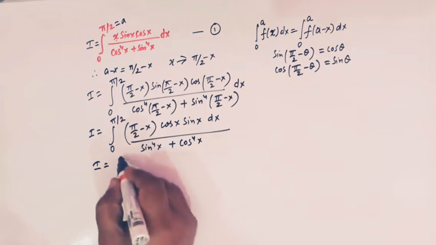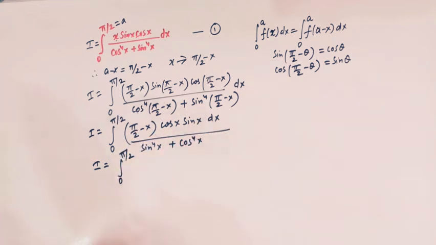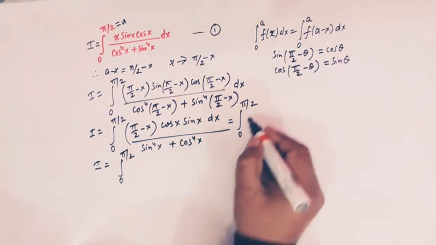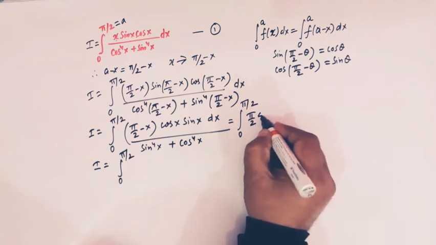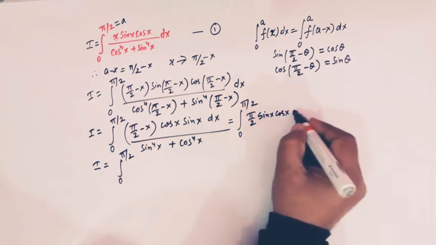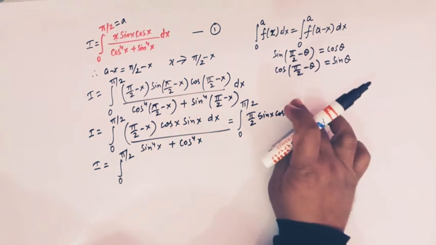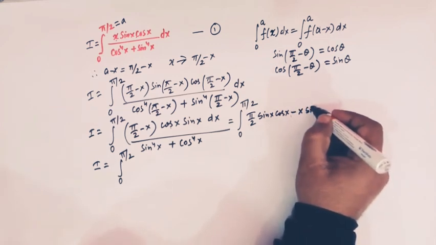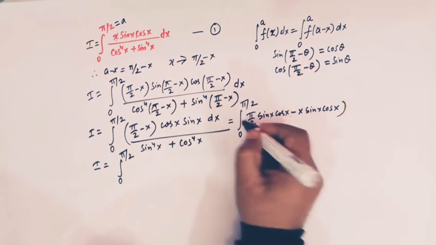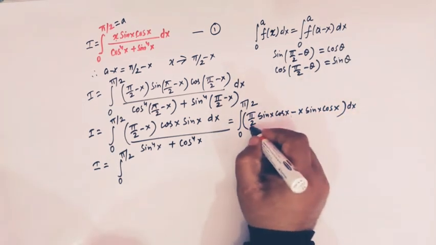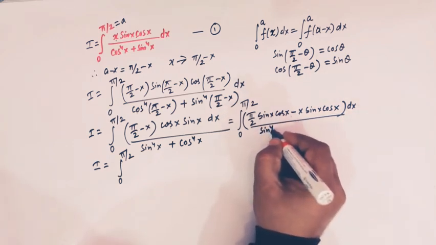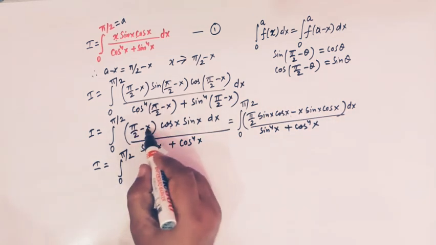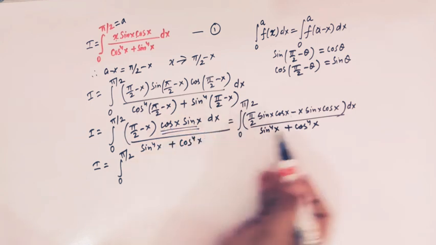We can write pi by 2 minus x times sin x cos x dx, divided by sin^4 x plus cos^4 x.